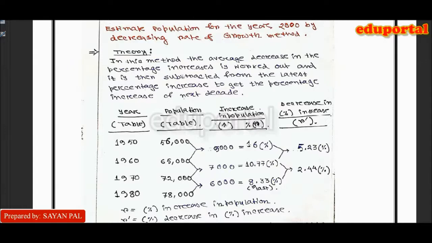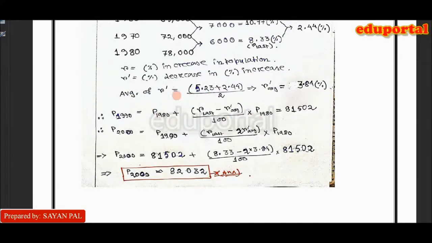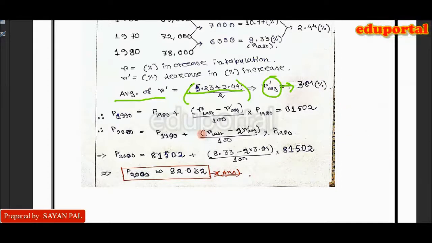The average of r dash is 5.23 plus 2.44 divided by 2, which we denote by r dash average, and it is equal to 3.84%.